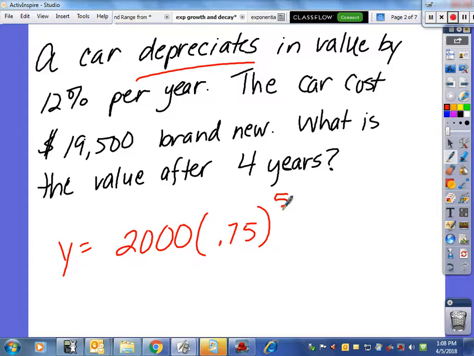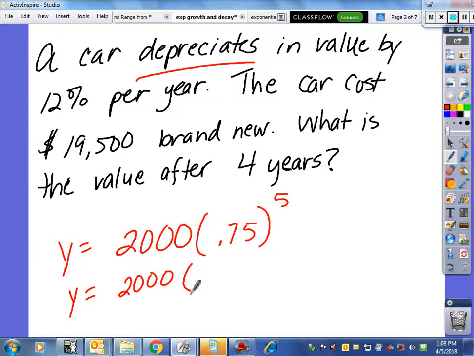All right, look at this problem. Can you tell what the rate was? The rate is not 75. It's 25, because this was a 25% decrease.